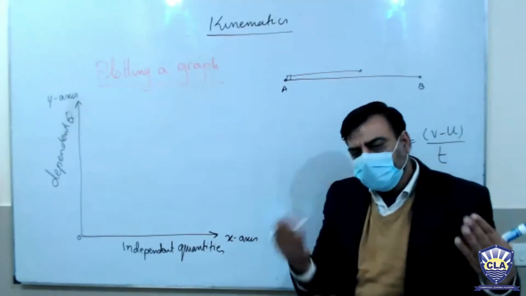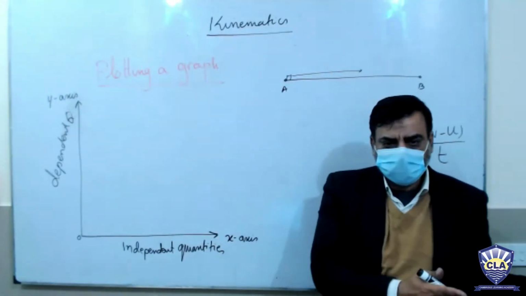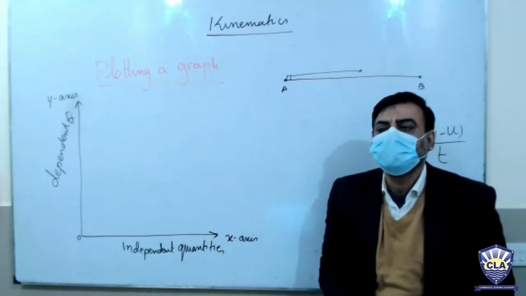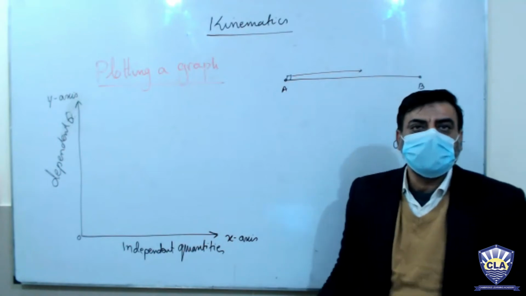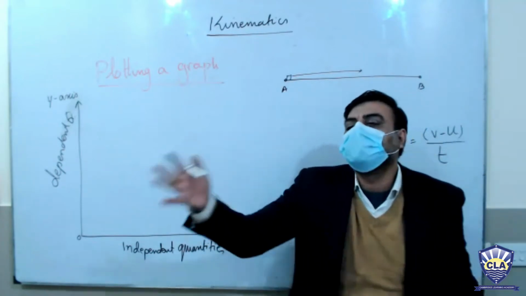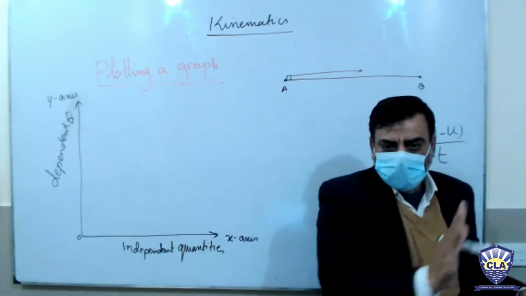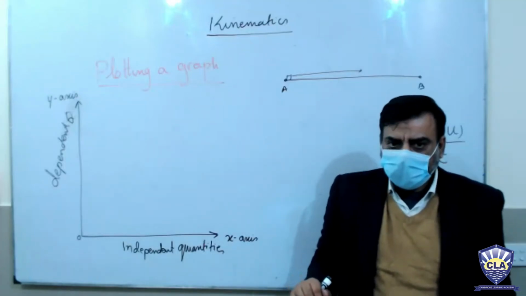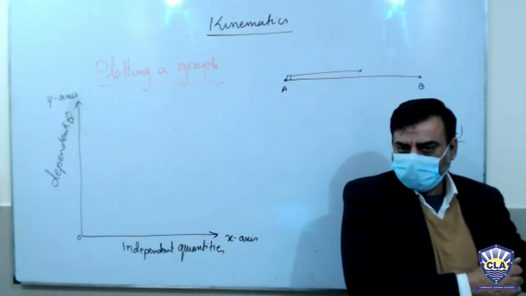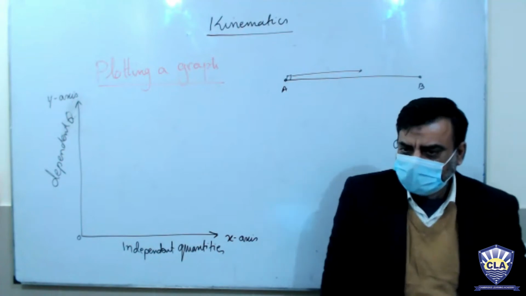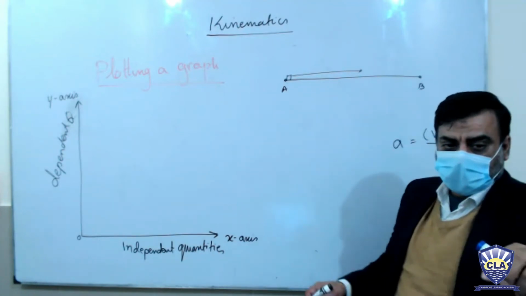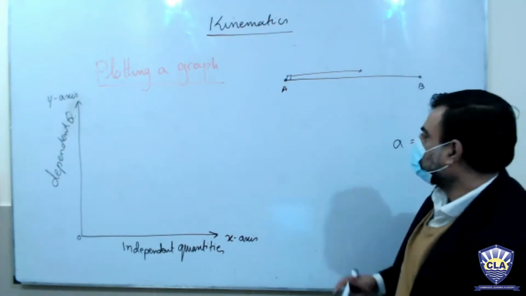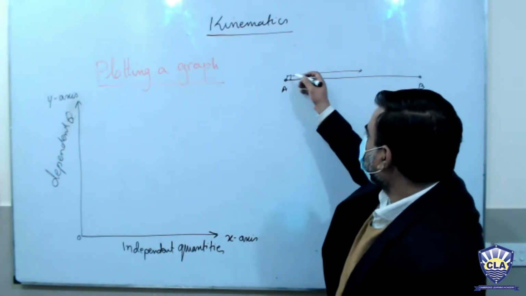Whenever anything starts from rest, the initial velocity is 0. And if a car is already moving and brakes are applied and it stops, then what is the final velocity? 0. So be careful. Whenever the car is at rest, that means 0 velocity. So initially it started from rest.